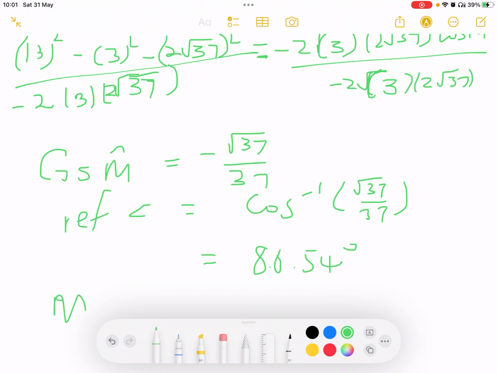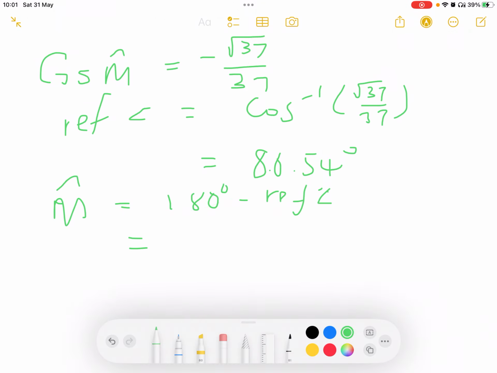Now, for angle M, it's going to be equal to 180 minus the reference angle, and that is 180 minus 80.54, which is equal to 99.46 degrees. Right. And yeah, that's each and every one of those questions answered.